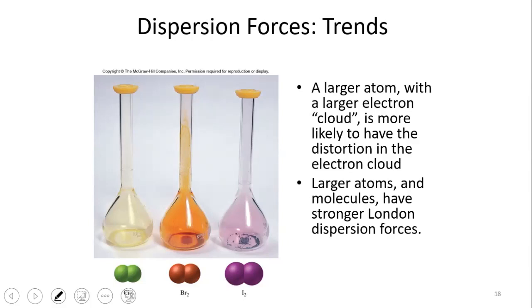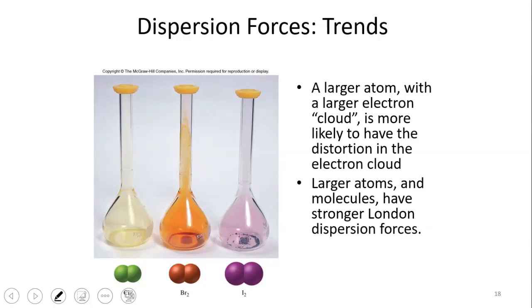But remember, as you go down a group in the periodic table, let's say from chlorine to bromine to iodine, the sizes of the atoms increase. And therefore, we expect that the molecules formed by these elements also increase in size as you go from chlorine to bromine to iodine. In other words, as these atoms get bigger, the larger these electron clouds, the more likely they are to be distorted.